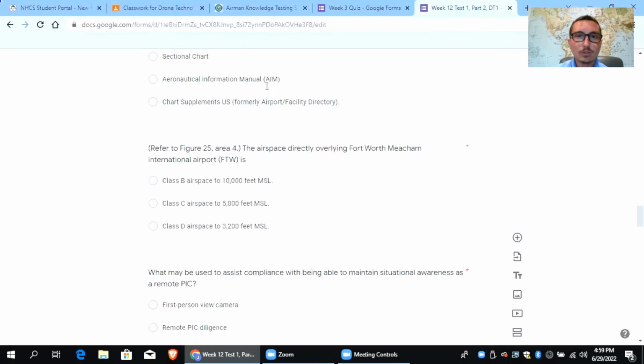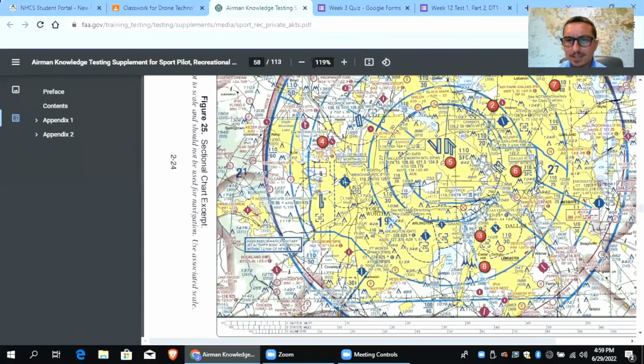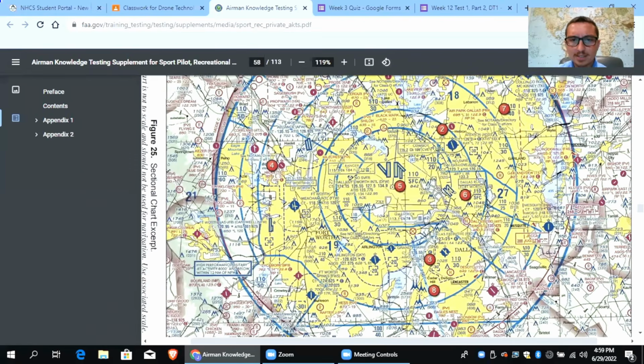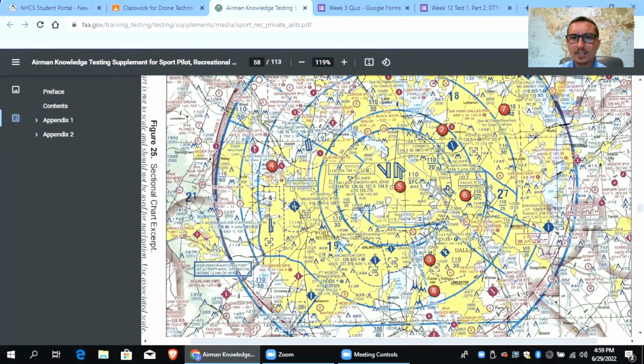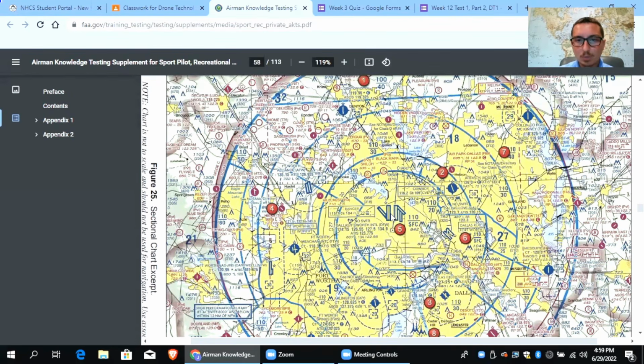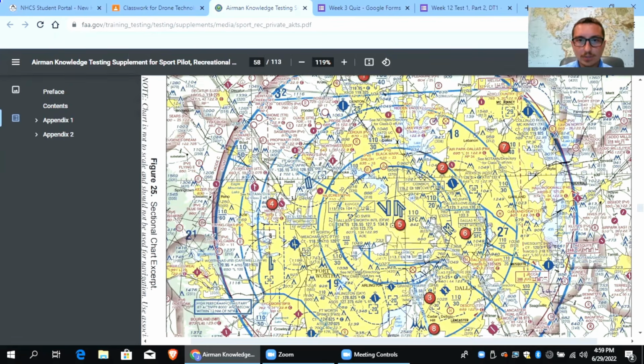Okay, so we're looking for area 4. Use those areas. They do help you. The thing that's so hard about this airspace, this is the Dallas-Fort Worth International Airport airspace over here. What's so tough is this is a massive airport. But what's even tougher is look how many airports are in this airspace. There's obviously the big one, Dallas-Fort Worth, which is a Bravo. But then look, there's a Delta here.